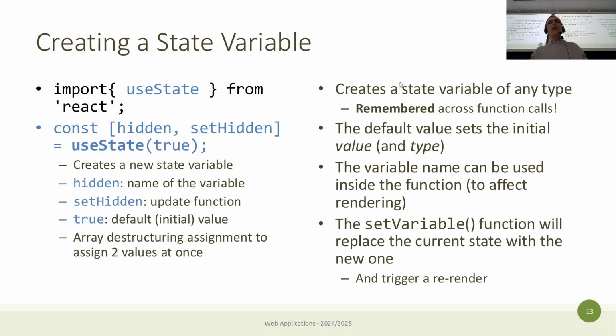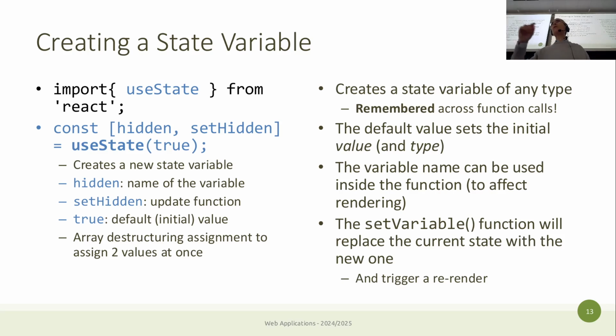This call creates a state variable of any type. Any JavaScript type is fine. And the important thing is that React, in some way, we will talk about which way later, remembers the value of the state variable across function calls. So the next time React decides to execute our component function, it calls useState.